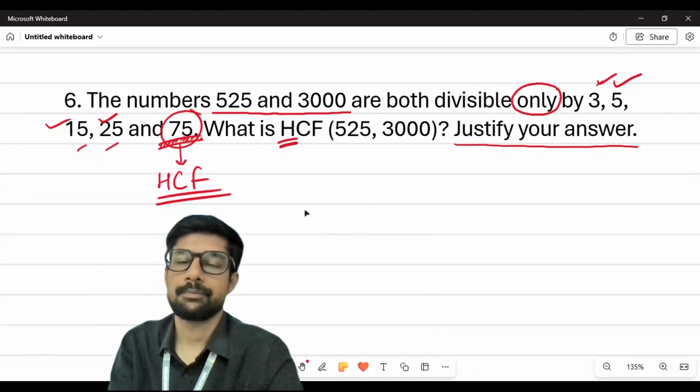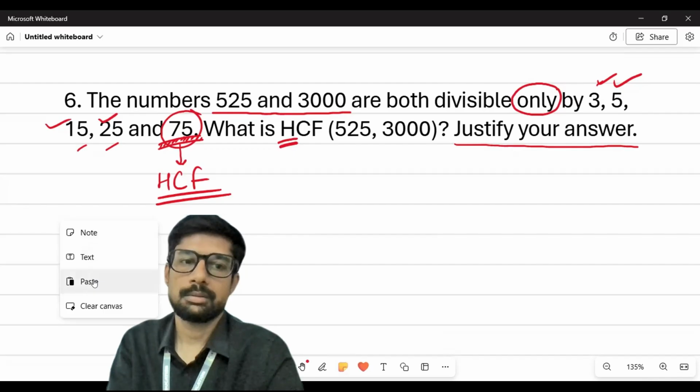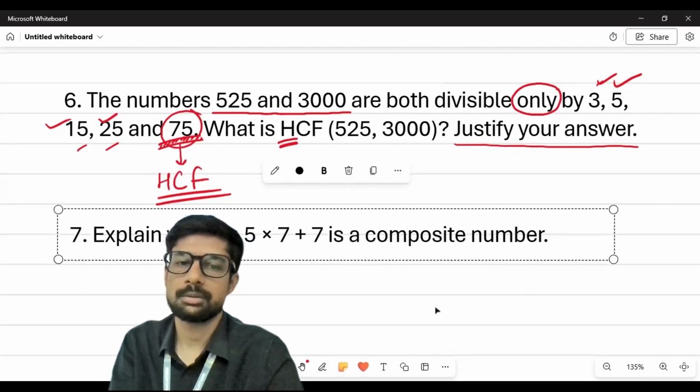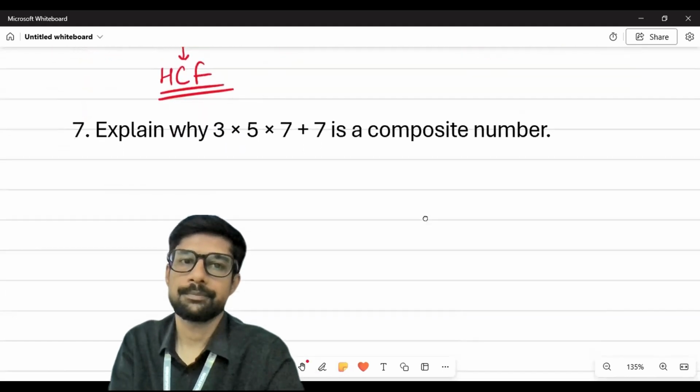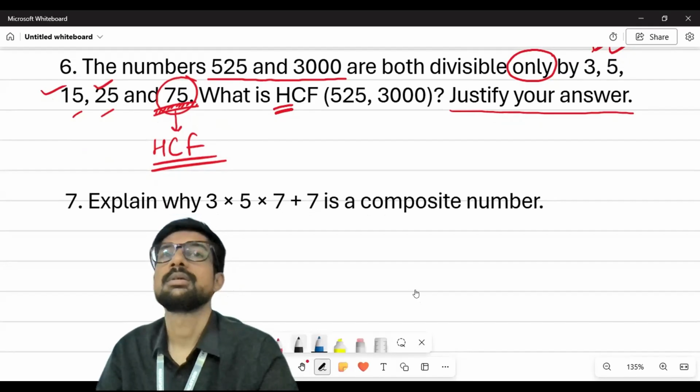Now, question 7 is also of our interest. We have the similar question in NCERT, only the numbers have changed. Let's see. Aware with the process? Yes.